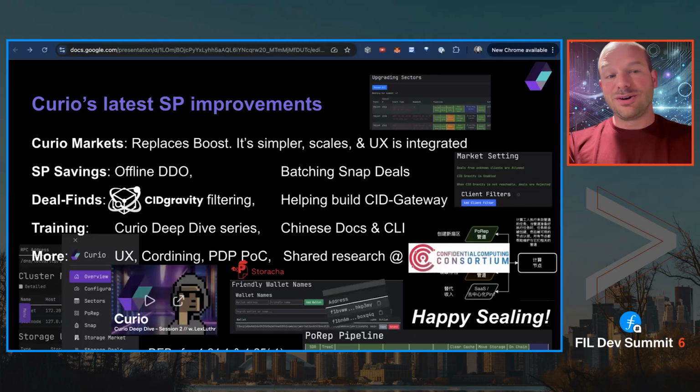So about Curio, we have docs in English and in Chinese, including the little SVGs and things, the reference graphics. You see an example over there. And that's not enough for everybody to wrap their mind around it.